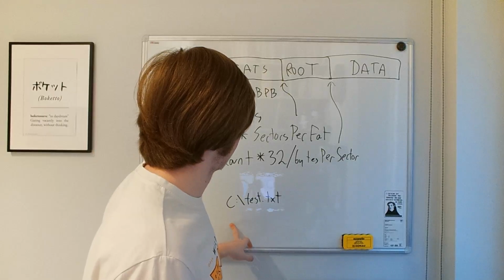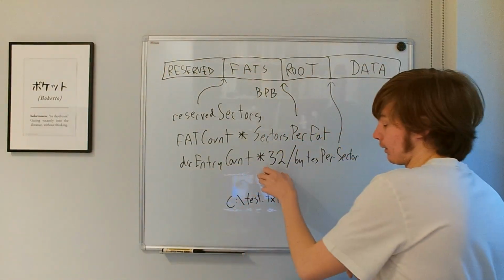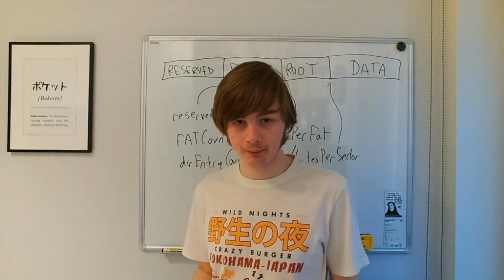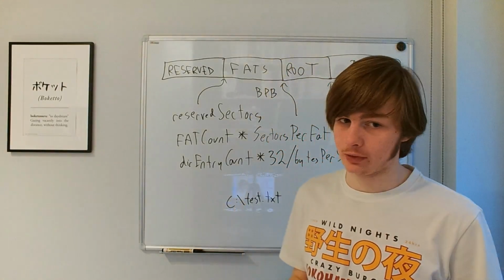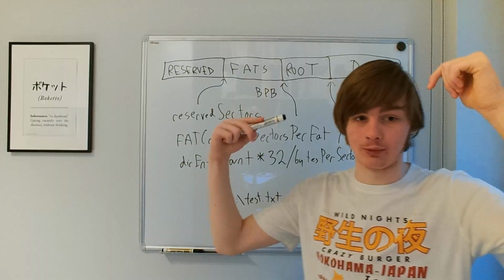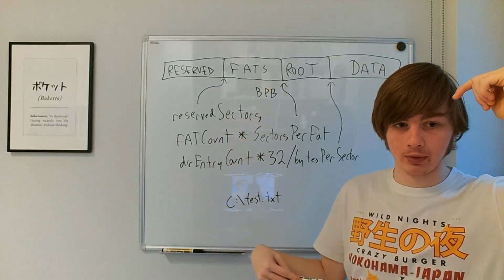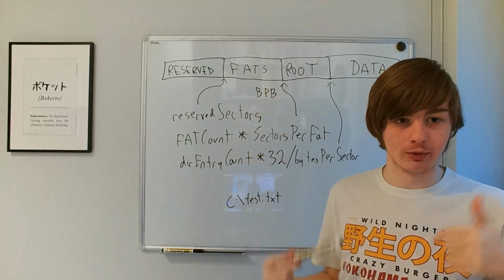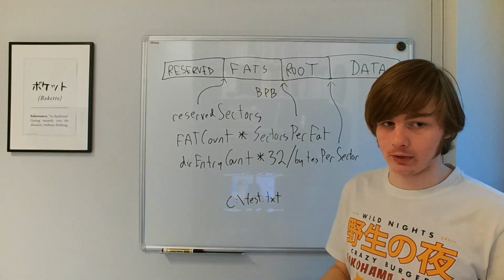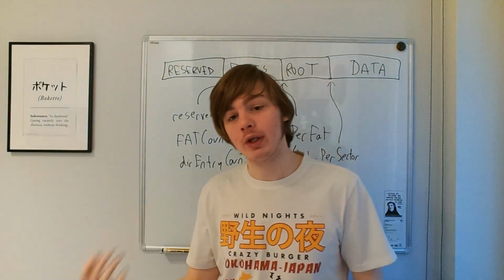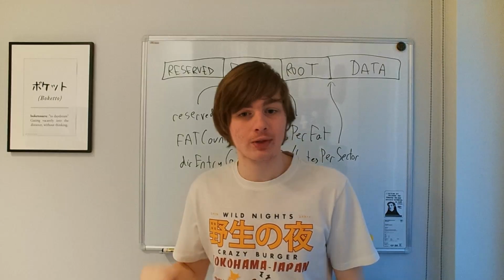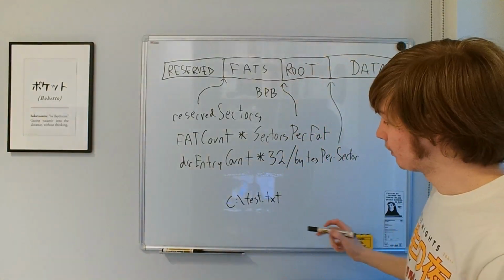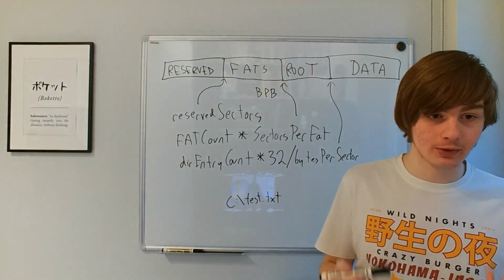And you're going to have those entries. Those entries are 32 bytes, and you can consult the FAT documentation. You'll see different fields relating to this file, and the one that is going to interest you is its name. There's going to be some field in this directory entry that is the name of the file. So you read that, and you simply check, is this name equal to test.txt?